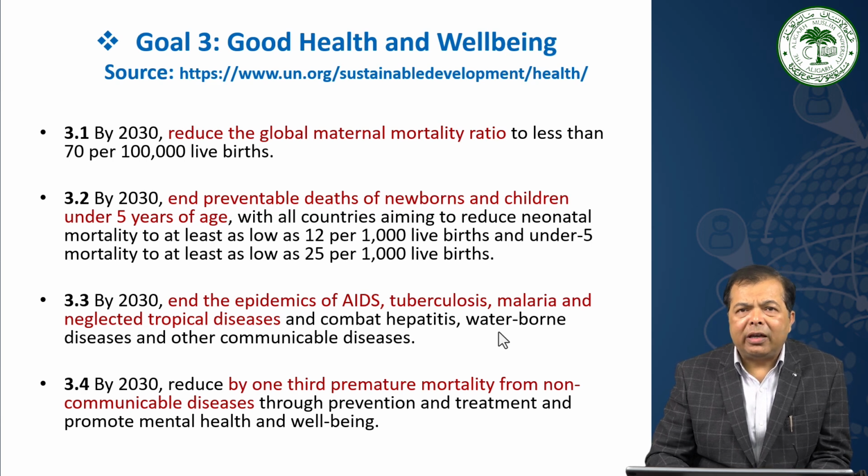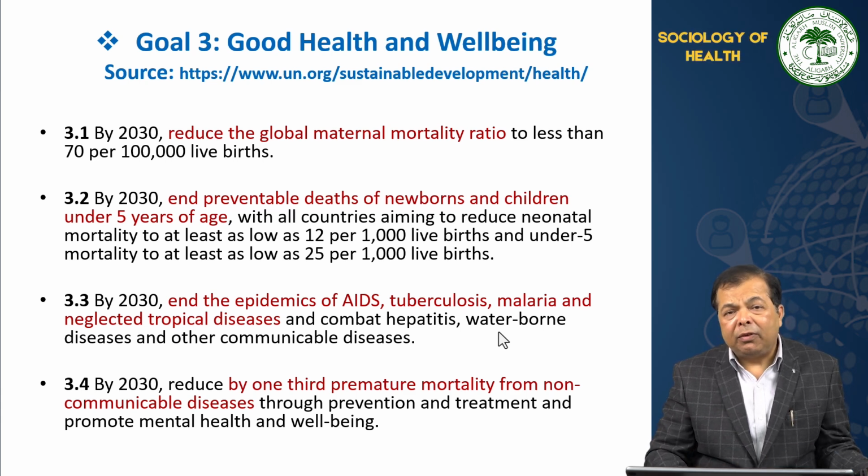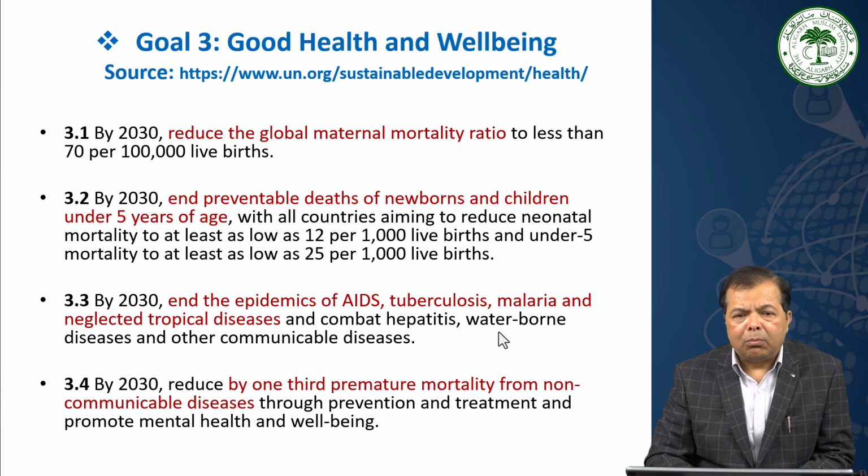Because in the tropical areas there are certain diseases which prevail. For example, dengue is considered one of those neglected tropical diseases. These have a local impact, but they play a very crucial role in creating premature mortalities. So this goal is very specifically talking about these, and also about hepatitis and other waterborne diseases.